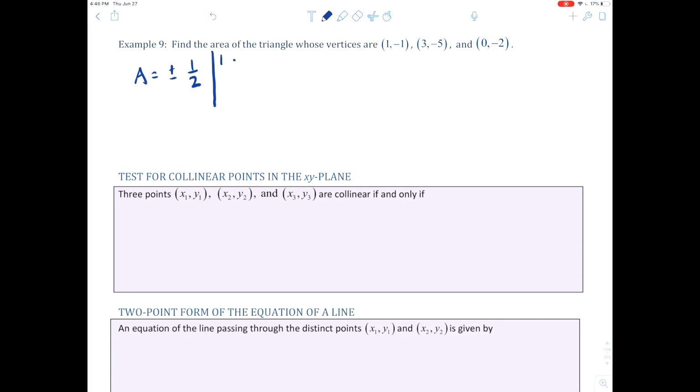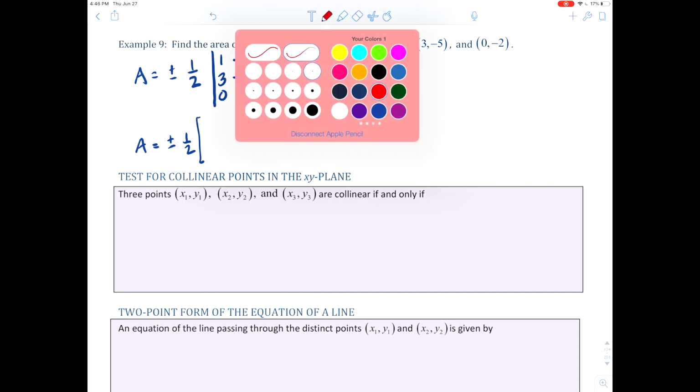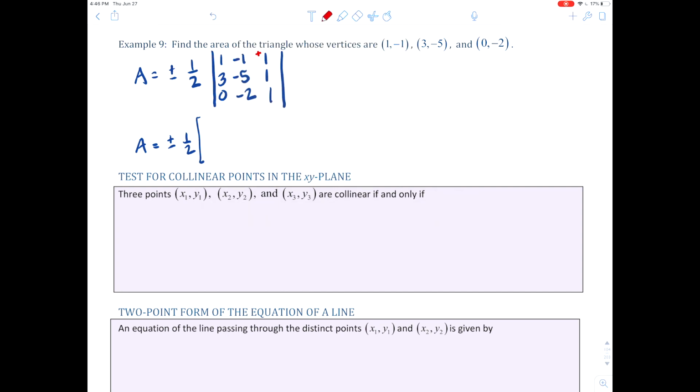1, -1, 1. 3, -5, 1. And 0, -2, 1. So our area will be equal to plus or minus 1/2 times. So I'll go ahead and expand about those ones. So it'll be a plus minus plus.